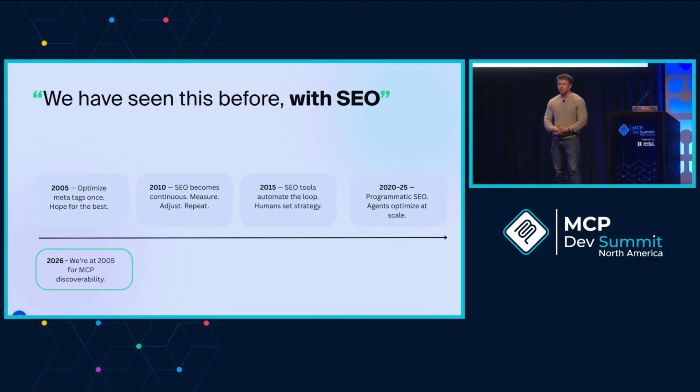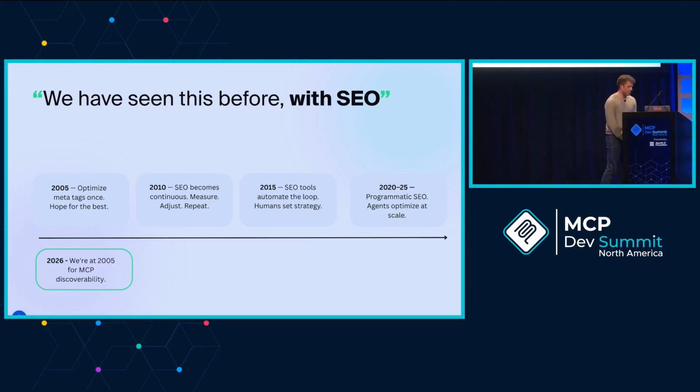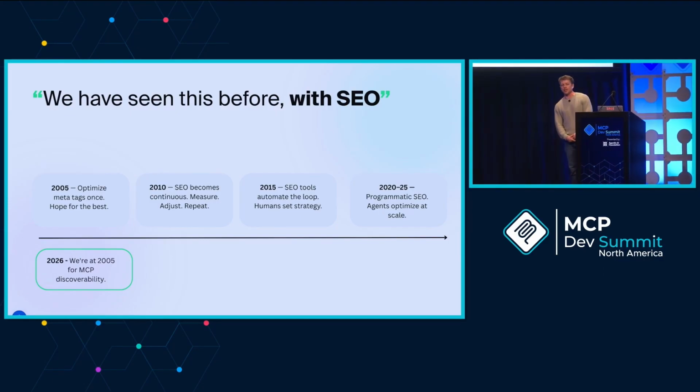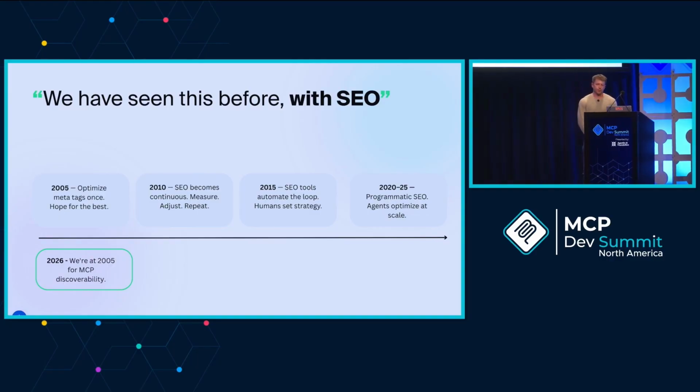Well, I think this is a nice peek into the future, because now we're doing autonomous, agentic-driven SEO, right? Where we're essentially continuously updating and monitoring in a very fast cycle. So this is likely the direction that MCP app discoverability will go in as well.